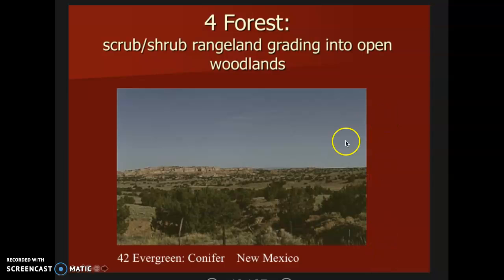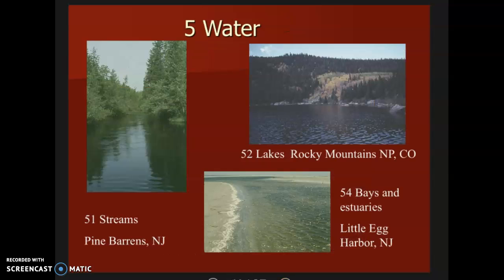And within this, you might have some rangeland grading into forested areas, so it gets complicated on how exactly to classify. That's why it's really important for states to handle their own classification systems.